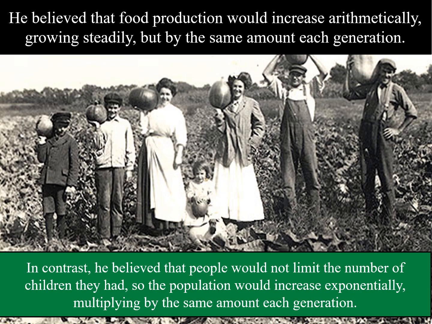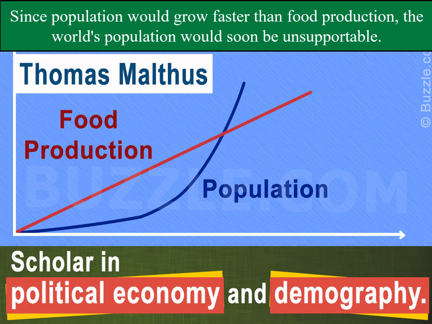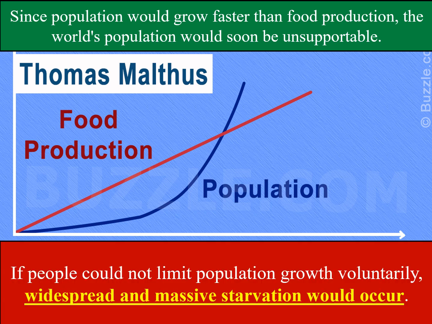In contrast, he believed that people would not limit the number of children they had, so the population would increase exponentially, multiplying by the same amount each generation. Since population would grow faster than food supply, the world's population would soon be unsupportable. If people could not limit population growth voluntarily, widespread and massive starvation would occur.